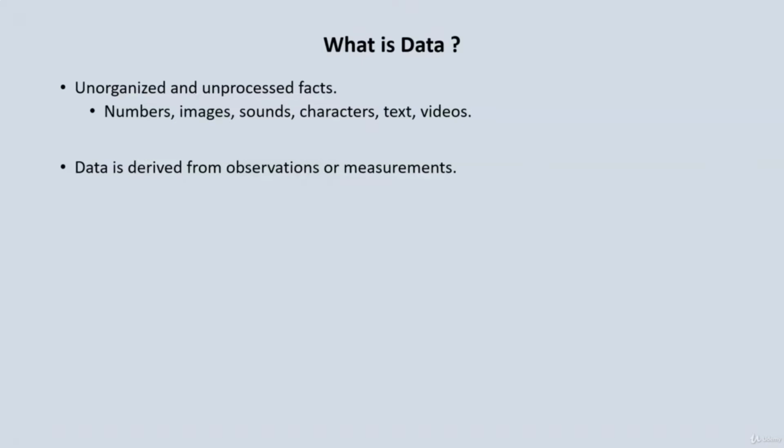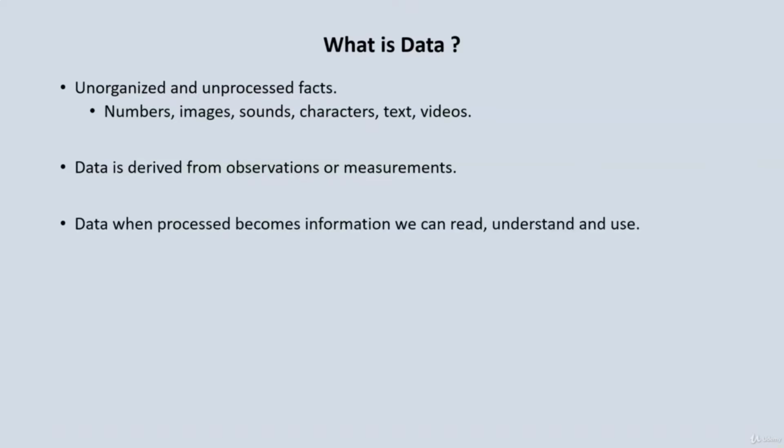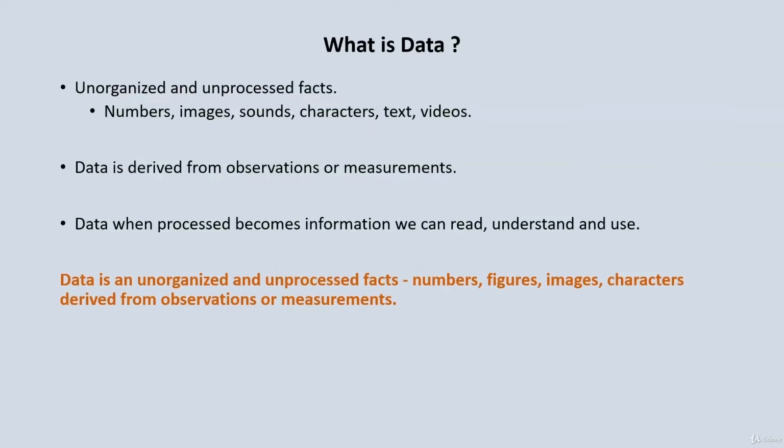For this project, you may want to observe and measure how many people you see cycling at different times of the day, perhaps even see if there are peak times during a specific time of the day or a specific day of the week. Now, by observing and measuring, the cyclists that were once random now becomes a data source. Data, when processed, becomes information we can read, understand, and use.